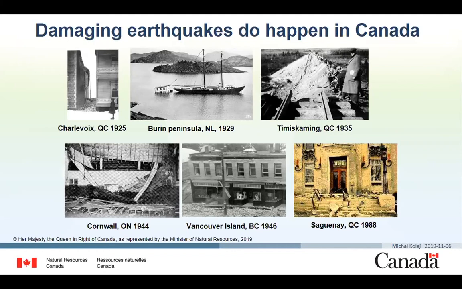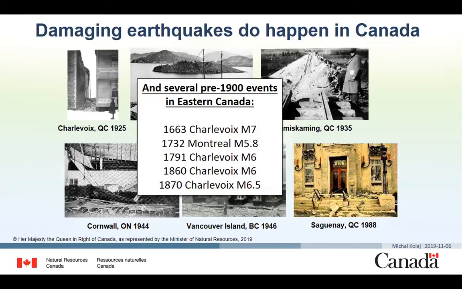And other more famous examples like the Saguenay earthquake, and several other pre-1900s events. You'll notice that a lot of them are in the Charlevoix region, and another one that we know about in the Montreal region. So despite Eastern Canada being in what we call a stable region, it's still a region where we do experience rare and large damaging earthquakes.